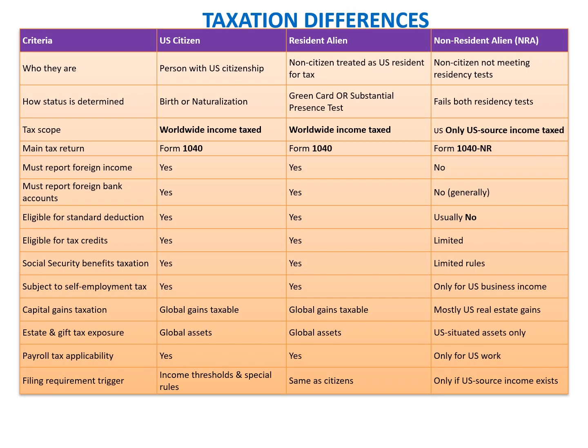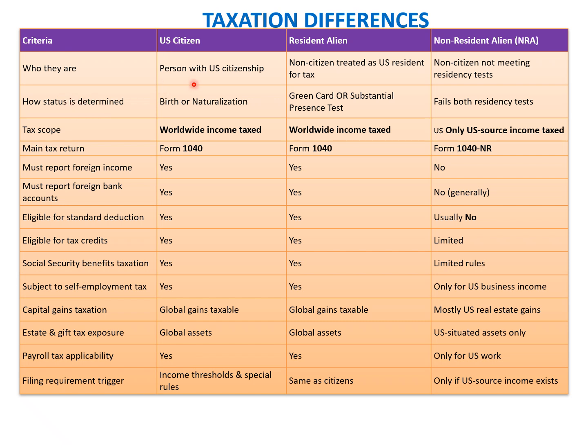Okay, so for clear understanding, we have created a comparative table here, and we can quickly have a look at this comparative table to understand how these three different statuses act differently when we are talking about taxing US individuals. A US citizen is a person with US citizenship. A resident alien is a non-citizen treated as a US resident for tax purposes. A non-resident alien is a non-citizen not meeting the residency tests.